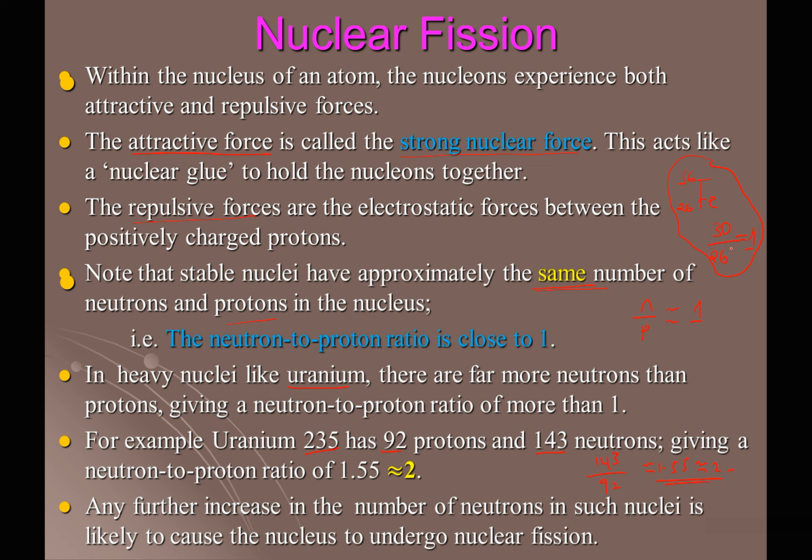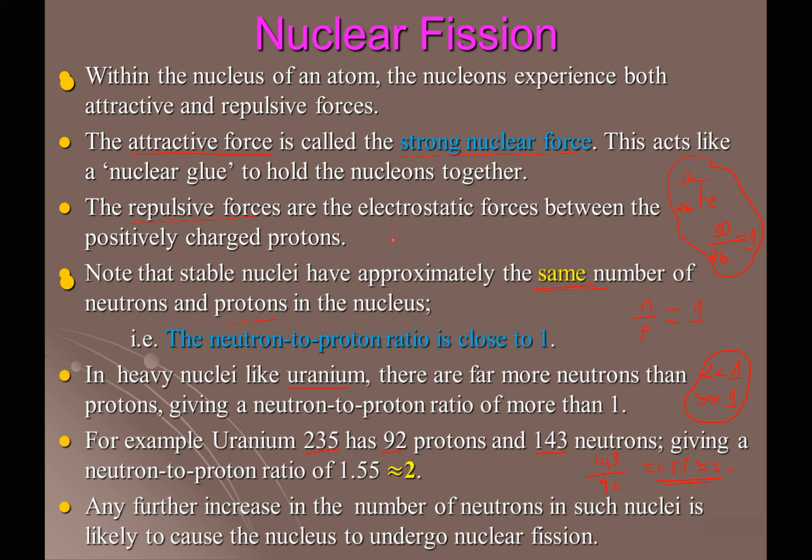For nuclei whose neutron to proton ratio is either much less than 1 or much greater than 1, such nuclei are going to be very unstable. That's why we are saying that on the left-hand side of the region of stability and on the right-hand side of the region of stability, all the nuclei are not stable.